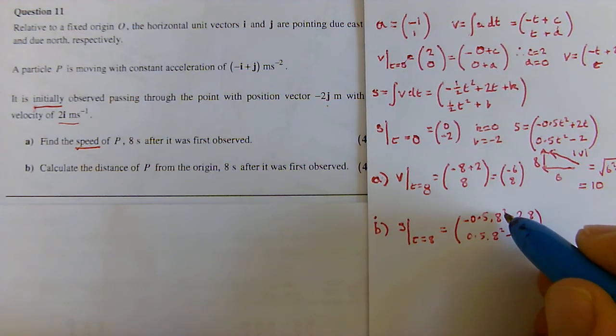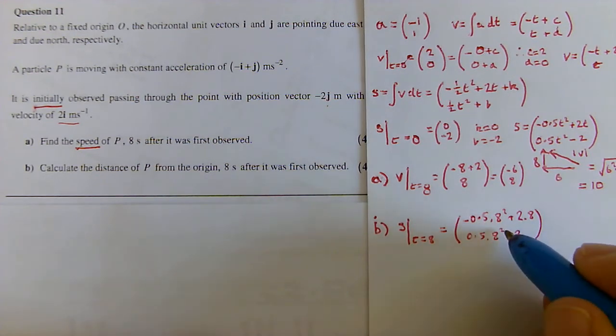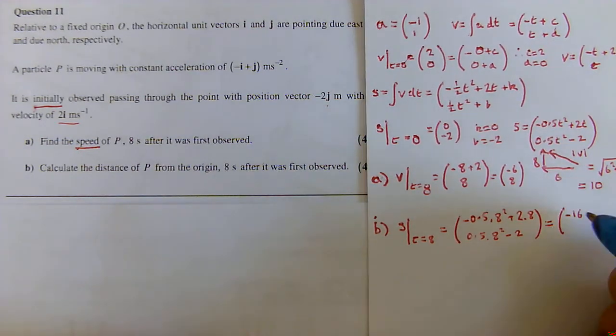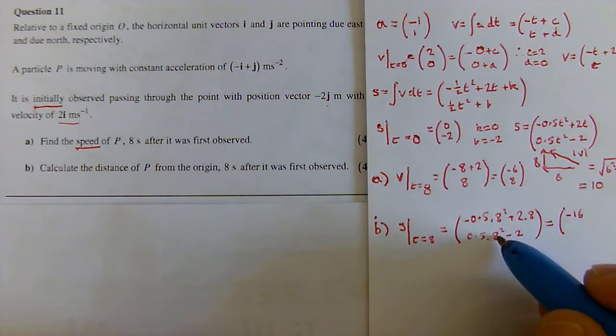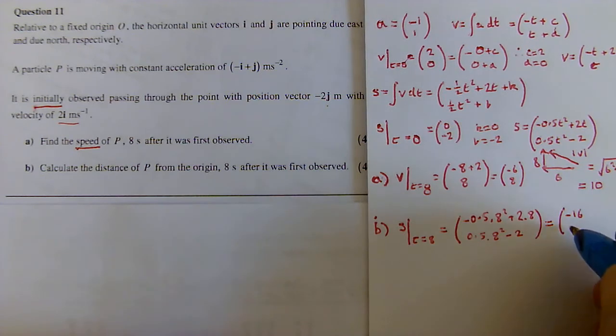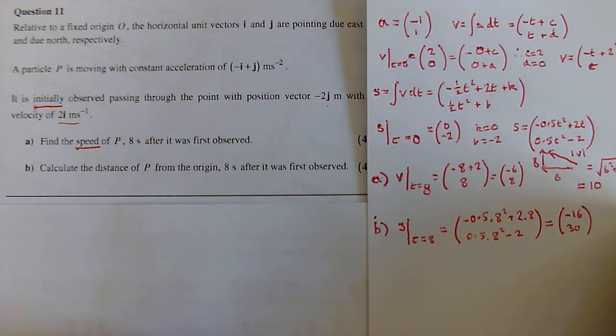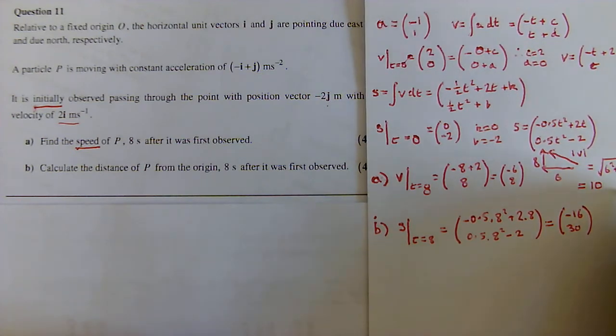So, 8 squared is 64, minus a half of 64 is minus 32 plus 16, gives me minus 16. 8 squared is 64, half of 64 is 32, minus 2 is 30. So if I look at my position vector, again, I'm going to be 16 to the left, and I'm going to be 30 above.